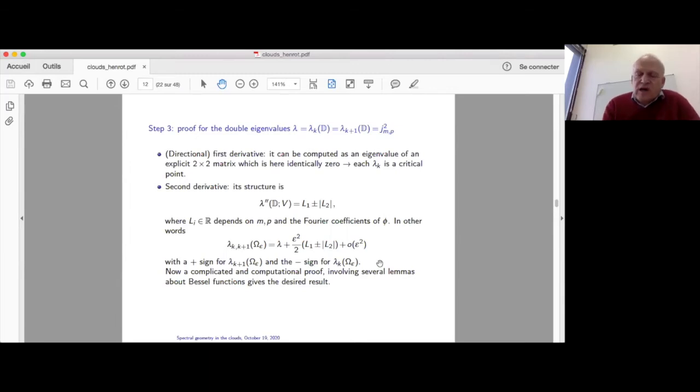And then you have to analyze finally these terms in order to get the result I claimed about ranks, indexes for which it is not a local minimum and indexes for which it is a local minimum.